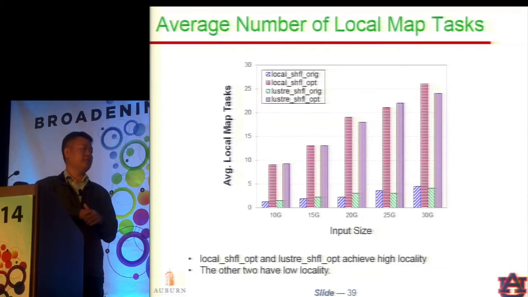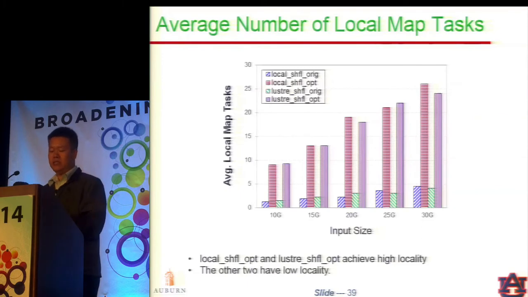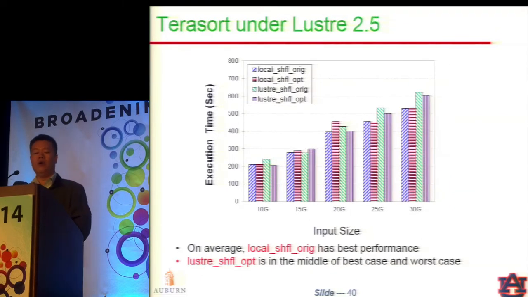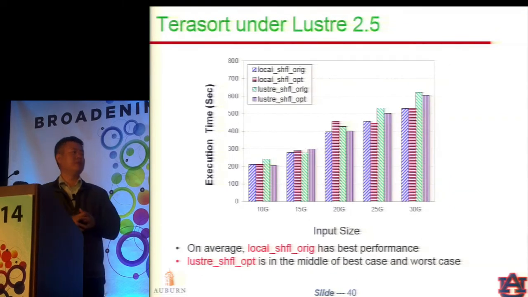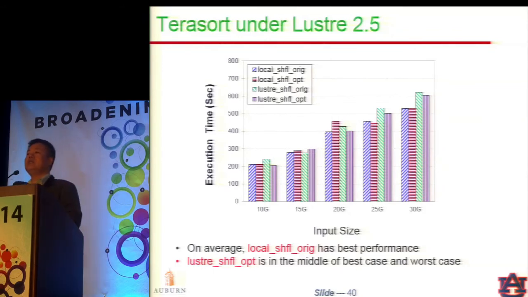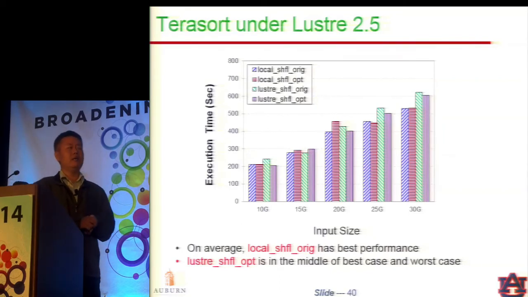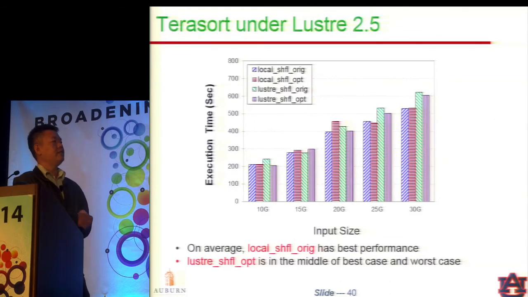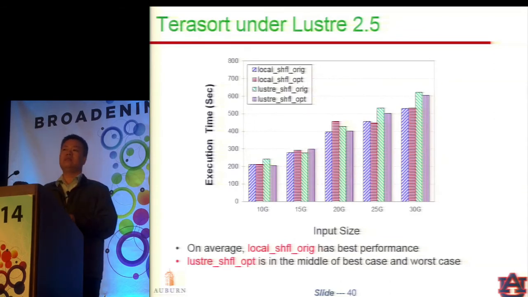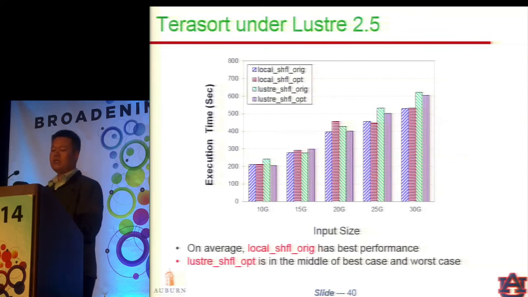But for the other 2 cases, where we don't optimize the locality, the position of a task and the position of the last stripes can vary a lot, so oftentimes they don't match with each other. However, the good locality of the 2 cases doesn't translate to good performance. Among the 4 cases, putting data on a local disk using the original task placement still has the best performance. So we wonder what is going on.